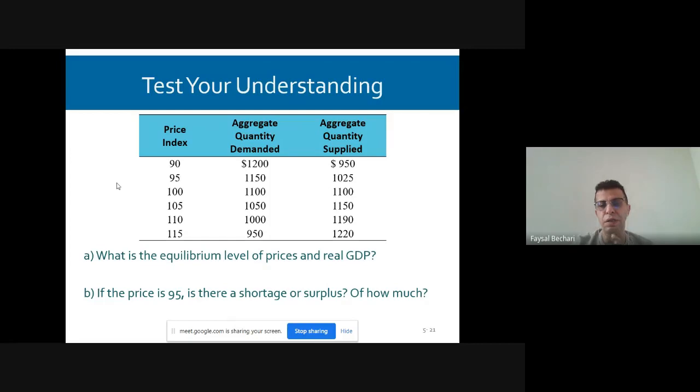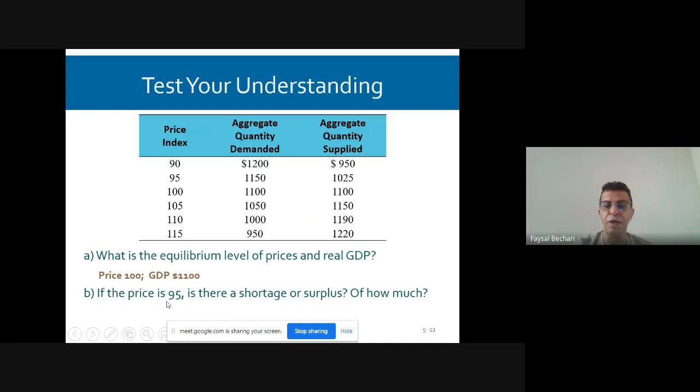Now, let's test your understanding. What is the equilibrium level of price and real GDP? We are focusing on these two things, aggregate demand and aggregate supply. At 110, if these are equal, then we find the price is 100. When the price goes lower, you will see the aggregate demand is higher and the aggregate supply is going lower.